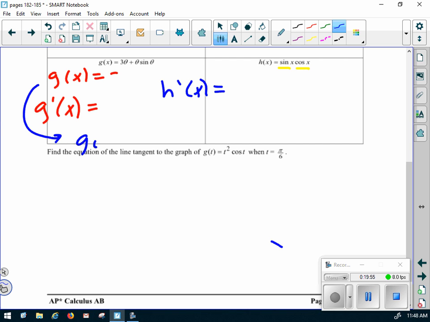Derivative of the first, cosine x times the second. Remember, that's where the square goes. Don't put it behind x. Keep going. Plus the derivative of the second times the first.